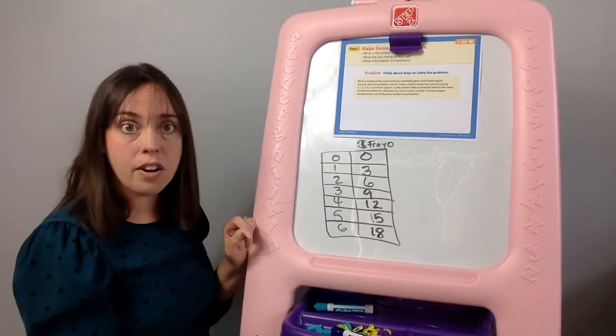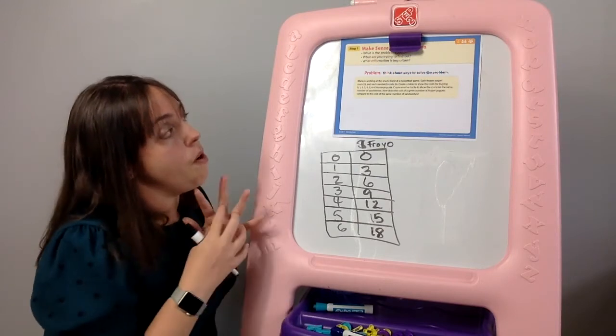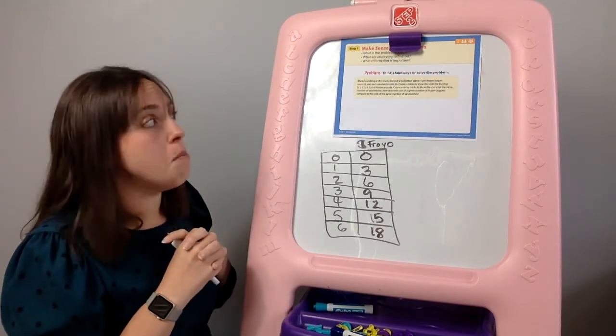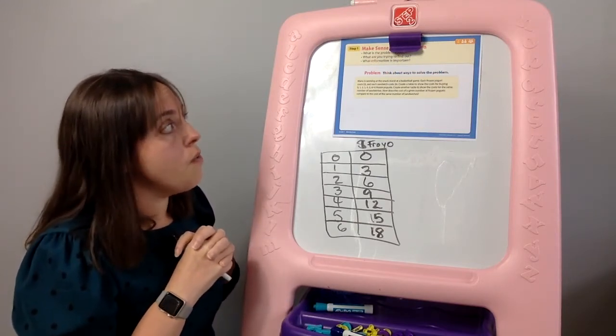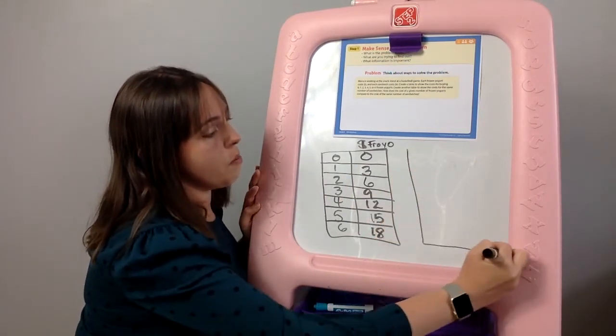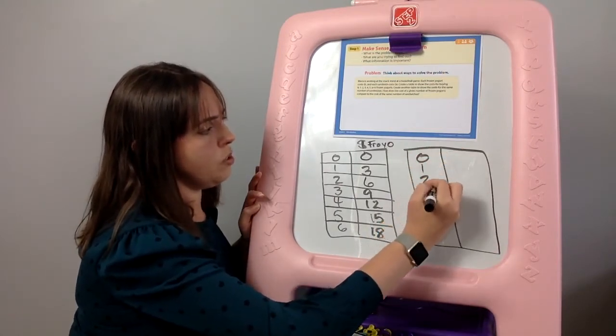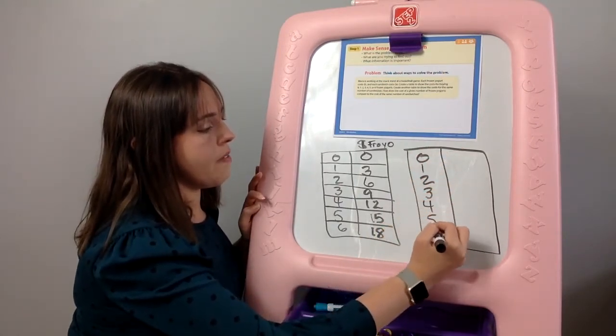I think you've got the pattern kind of going on here, okay? So we have this table to show froyo. It says create another table to show the costs for the same number of sandwiches. Okay, so if instead of froyo, or maybe with my froyo, I want a sandwich, I'm going to say 0, 1, 2, 3, 4, 5, 6.